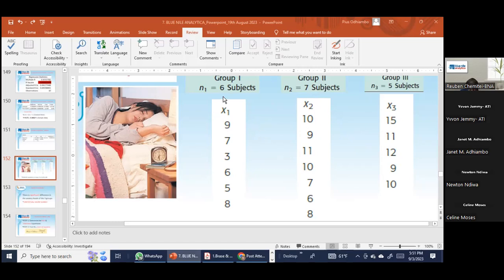You can see in group 1, we had someone with an anxiety level score of 9, another of 7. We have anxiety level 3, anxiety level 6. These were scores which were awarded, and the scores range between 1 and 20.